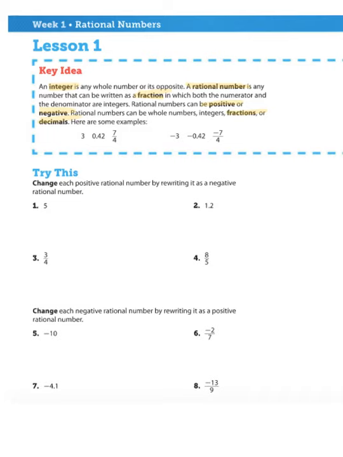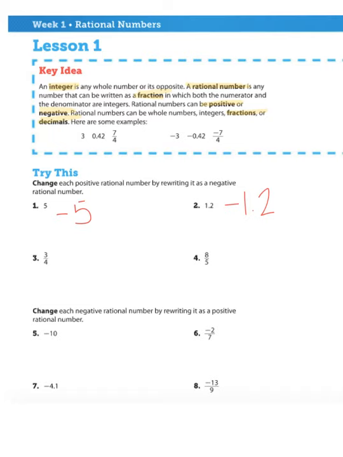So let's take a look at the try this. It says change each positive rational number by rewriting it as a negative rational number. So here we're going to work on opposites. Number one, if I have a positive 5, this is going to be a negative 5. If I have a positive 1.2, this is going to turn into a negative 1.2.